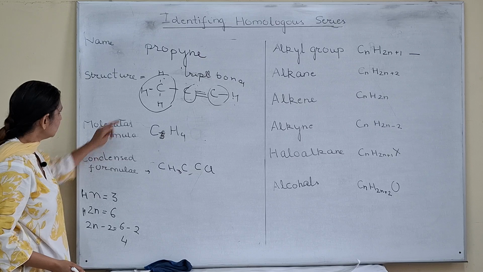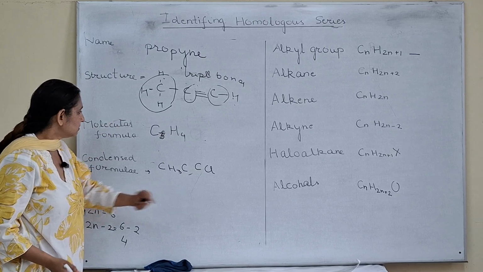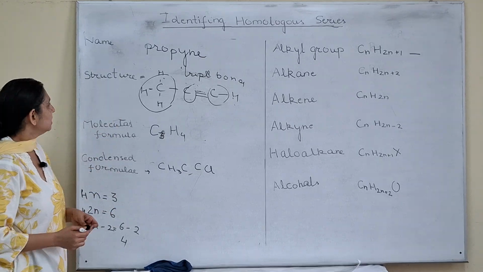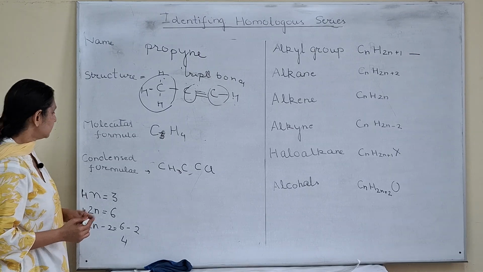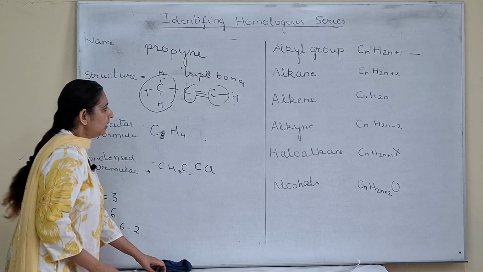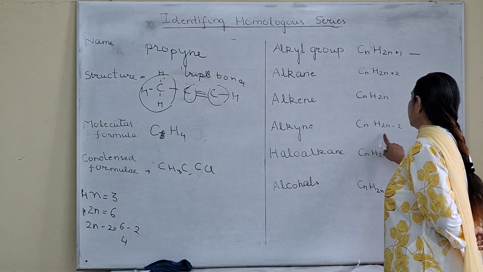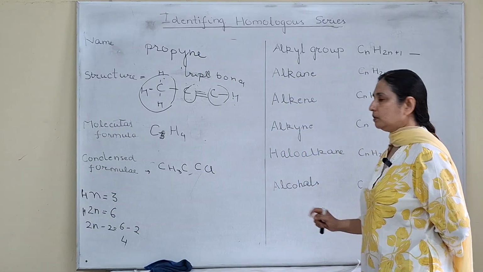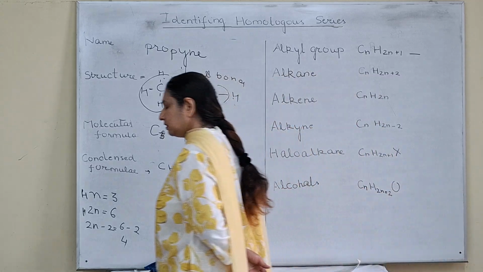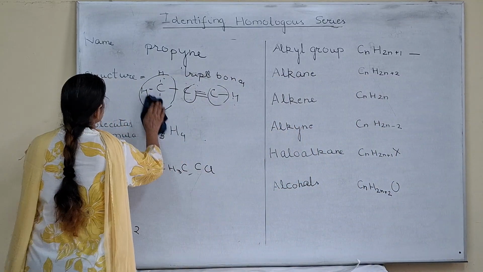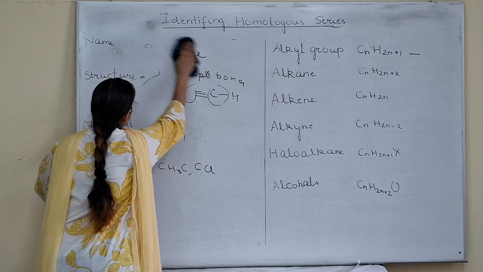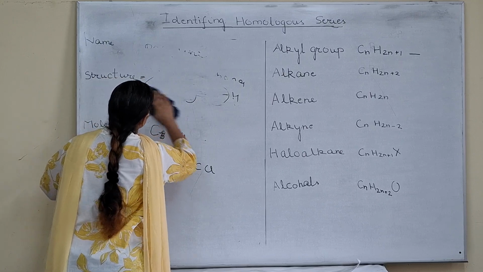This formula we've written, structure we've written, CH3. I think that's it in this example. Propyne is written, and in the formula alkyne you have written CnH2n minus 2, which this compound is satisfying. Now let's write another formula.